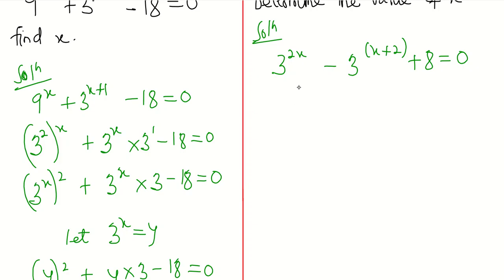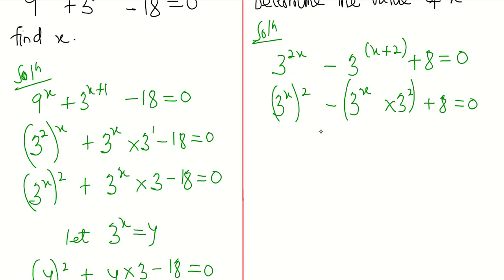So if that happens, we can rewrite this one as 3 exponent x all exponent 2 minus, so this is to tell us that the bases are originally multiplying. Which means we're going to have 3 exponent x times 3 exponent 2 plus 8, which is equal to 0. Now remember, we can put this one in brackets in case we think the negative is going to confuse us.